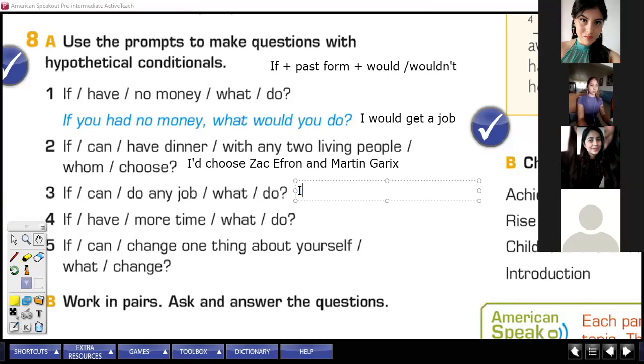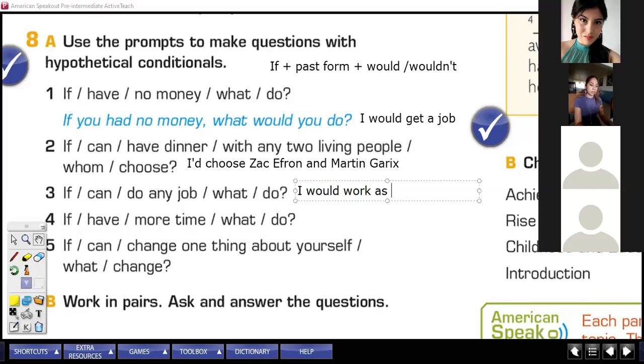I will work as a fighter. As a pilot, as a what?